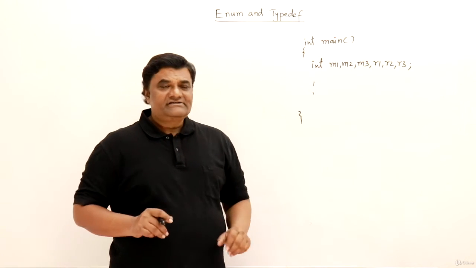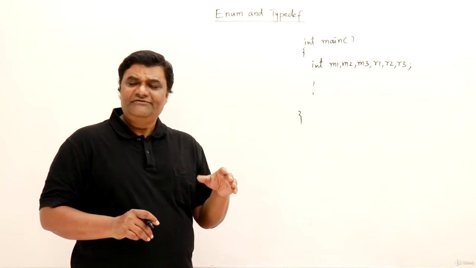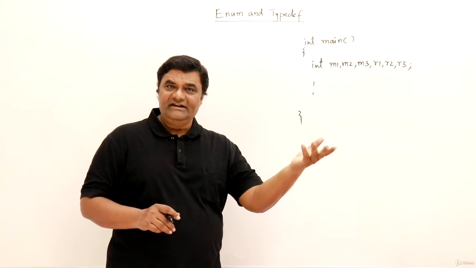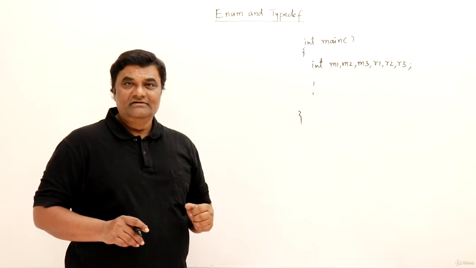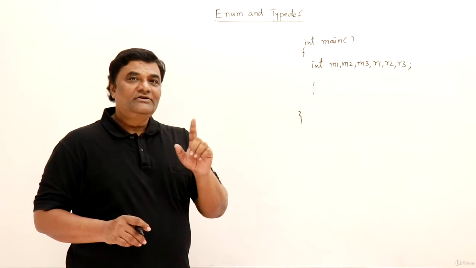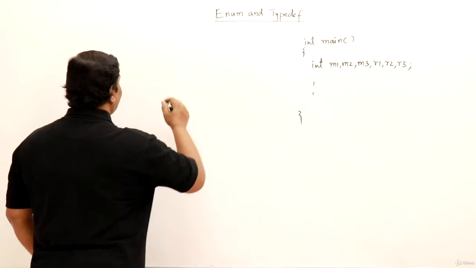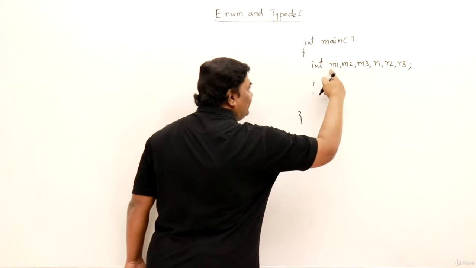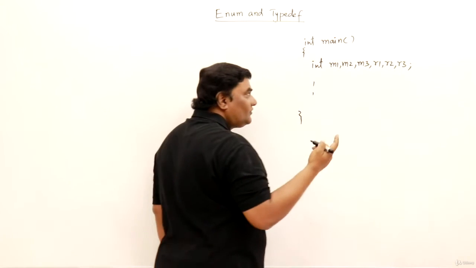Now, what I want is to make those variables meaningful. If I cannot give meaningful names, at least the data type should tell me what it is. Yes, that I can do using typedef. So let us do it. Actually, M1, M2, M3 are the marks, and R1, R2, R3 are roll numbers.